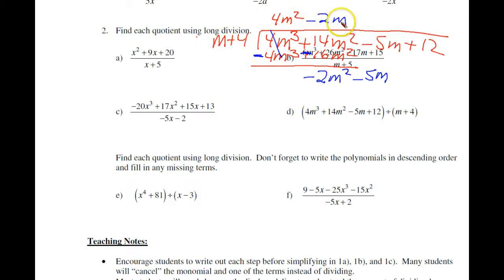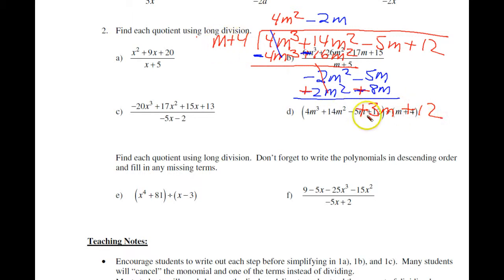M times a negative 2m is a negative 2m squared. 4 times this is a negative 8m. So what do we do? We change the signs and add. So this will cancel out. And here we get a plus 3m plus 12.